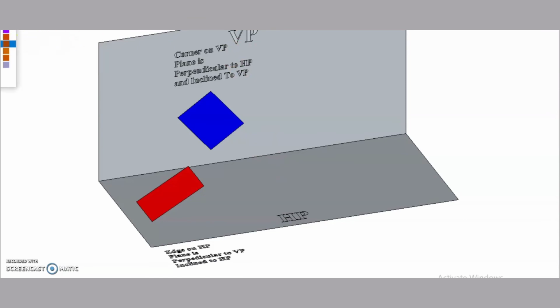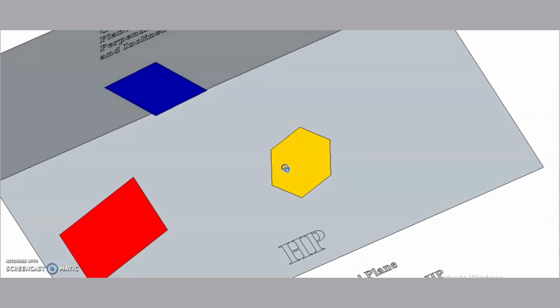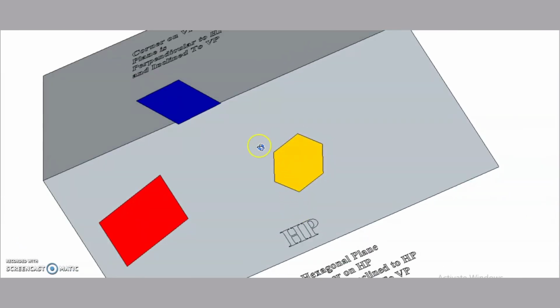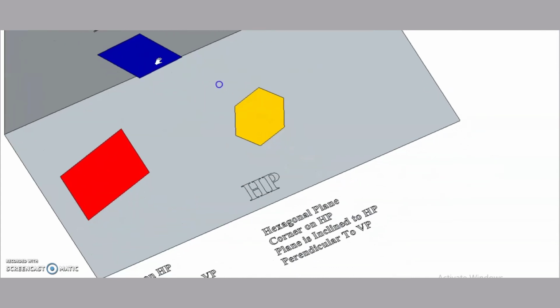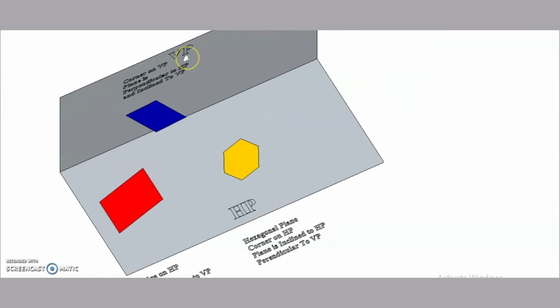Third case, a hexagon is given, of which one of the corners is resting on HP. This hexagonal plane is perpendicular to VP.